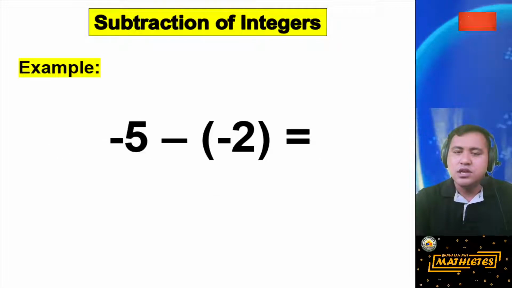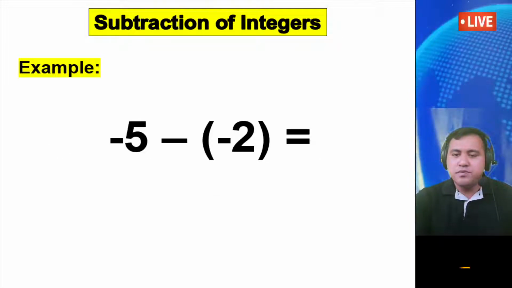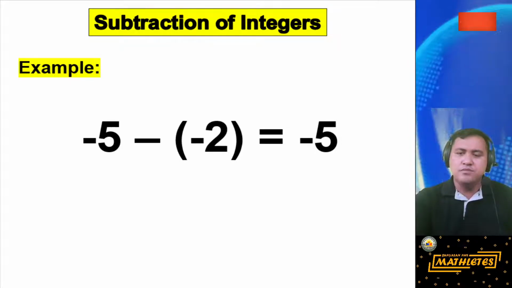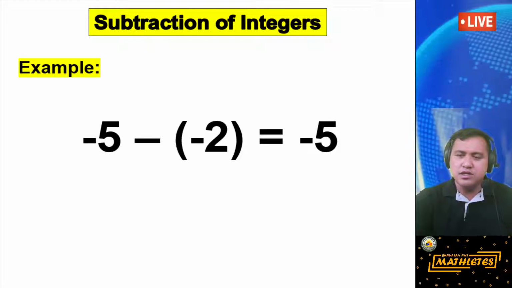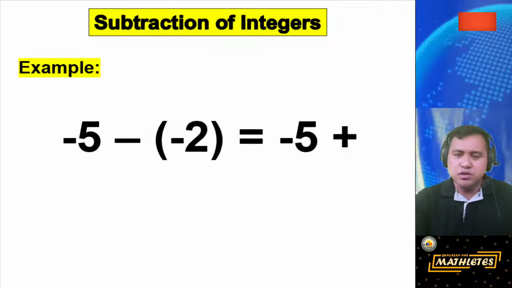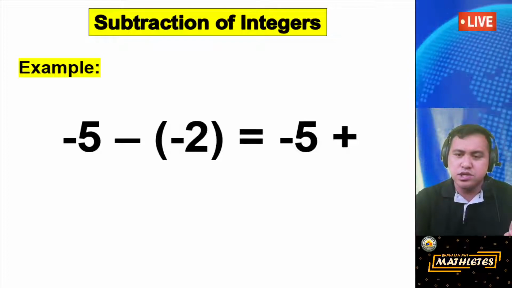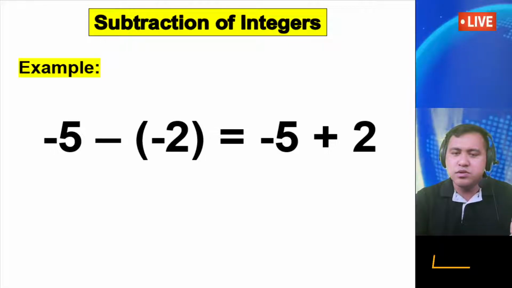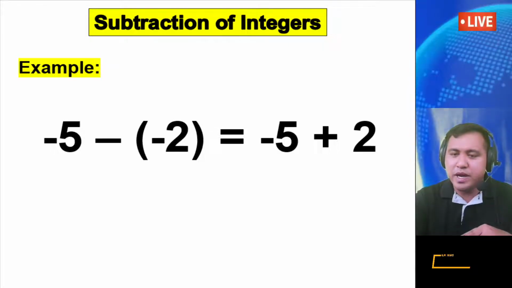Okay? Next is negative 5 minus negative 2. As is, negative 5, keep the first integer. Then change the operation from subtraction to addition, so plus. Then change the subtrahend, which is negative 2, to positive 2.